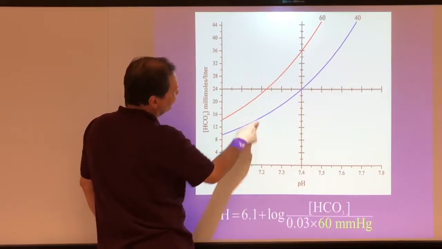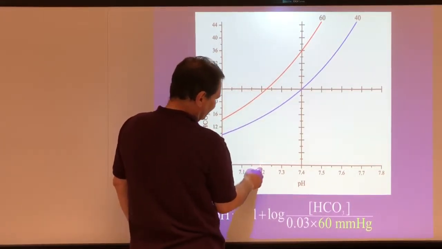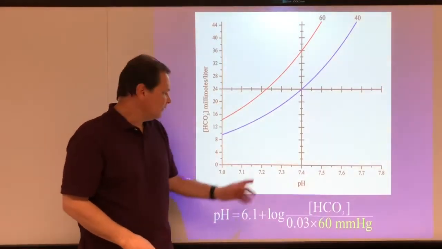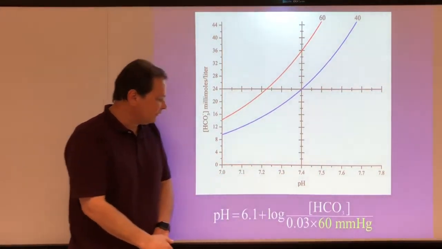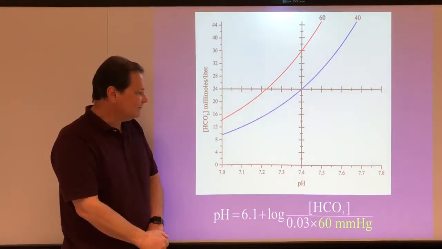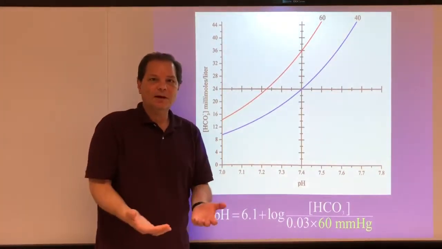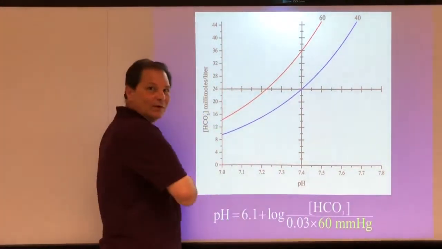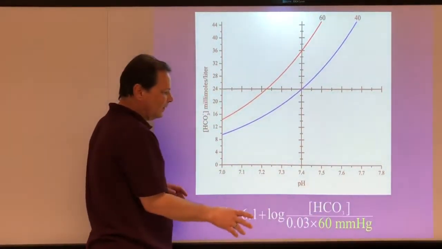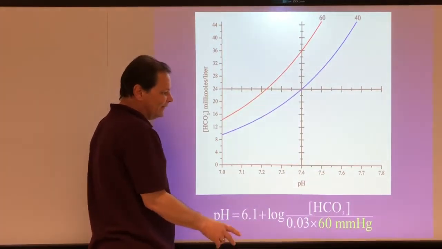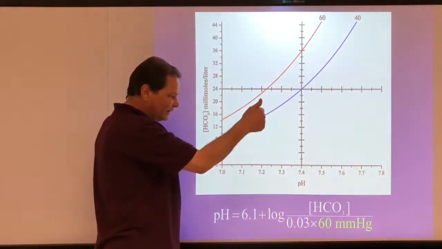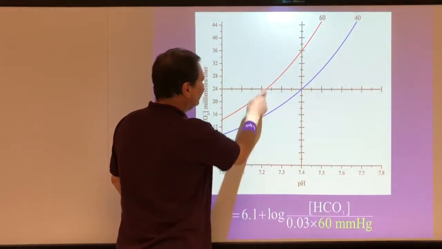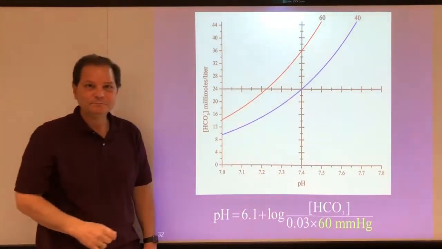Once again, it's about 7.2, maybe a little bit to the left of that, but pretty close. And that should make sense to you. If you look at your carbonic acid equation, high CO2 shoves that equation to the right, and if bicarb is the same value, it should make sense to you that your hydrogen ion concentration should be up and your pH should be down. And that's what this represents right here, all right?